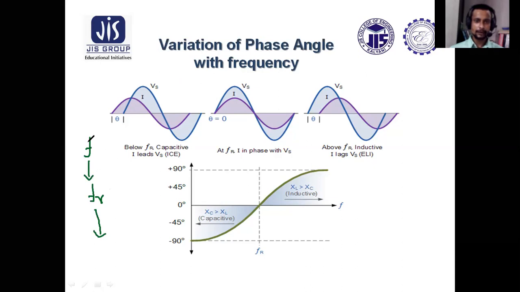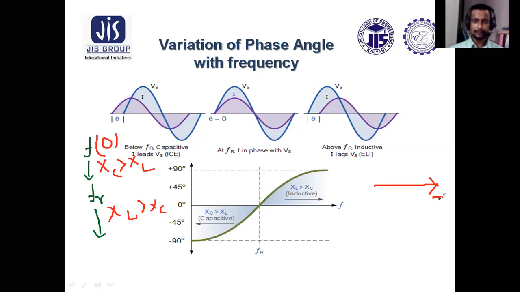So for this part, from 0 frequency to FR, XC is greater than XL, that we discussed earlier. And for this part, XL is greater than XC. Clear? Now, when XC is greater than XL, the circuit behaves as capacitive.